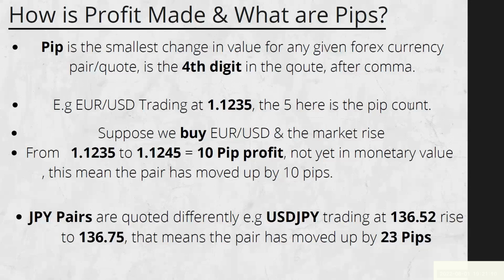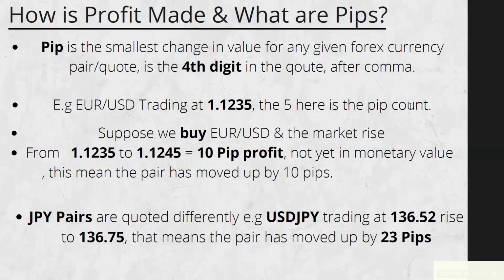In the same way that 1.1235 means the value of a euro in dollars, this example of USD JPY, on my fifth point, simply means that the value of a single dollar in Japanese yen is 136.52.